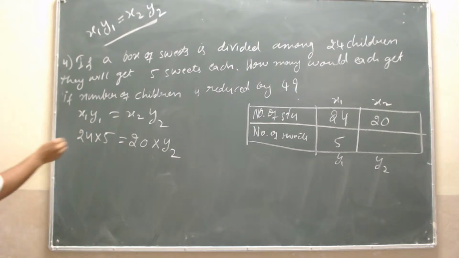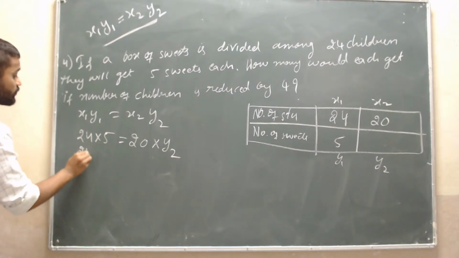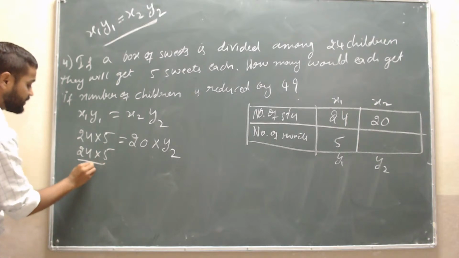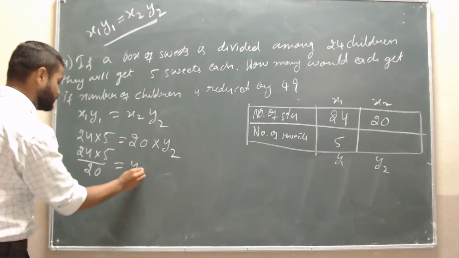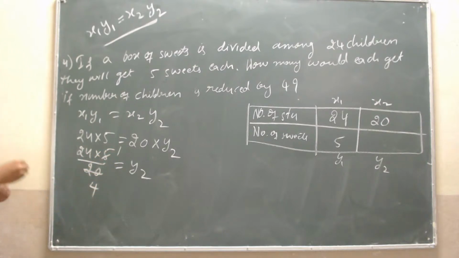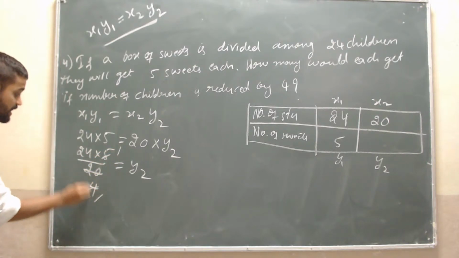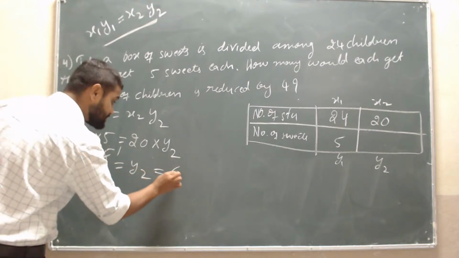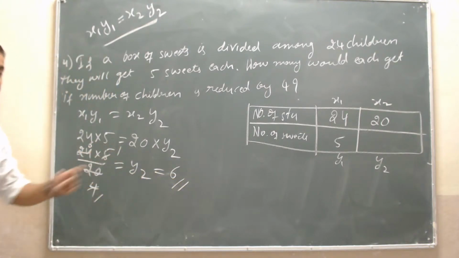Isn't it? Yes. Then again concentrate here. 24 into 5 divided by 20 is equal to Y2. Then 5 ones are 5, 5 fours are 20, 4 ones are 4, 4 sixes are 24. So Y2 is 6.